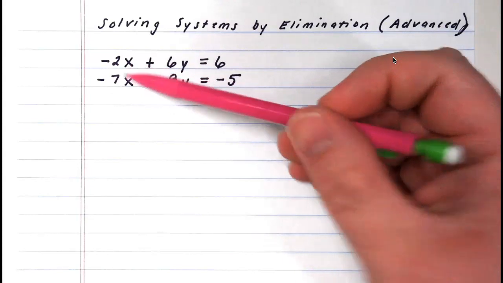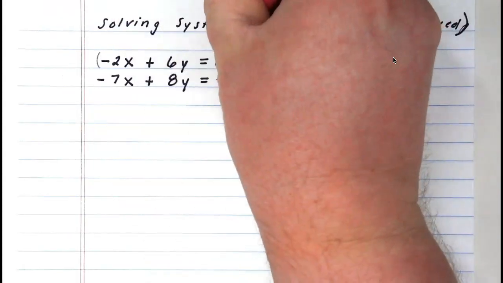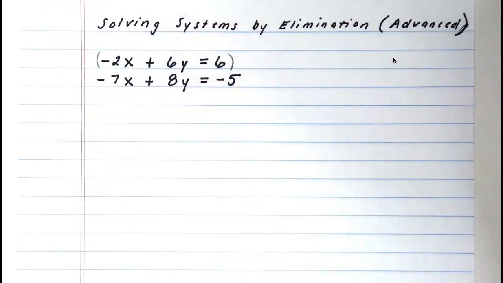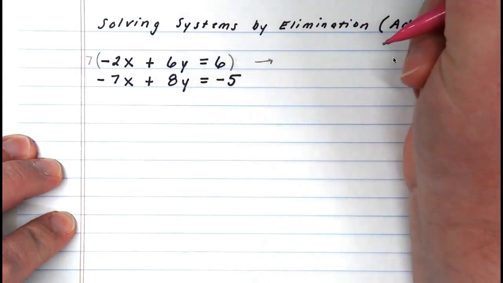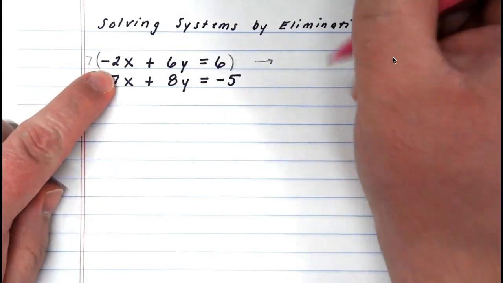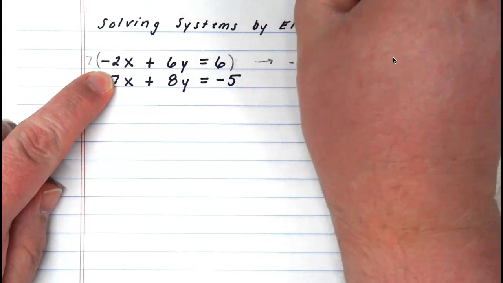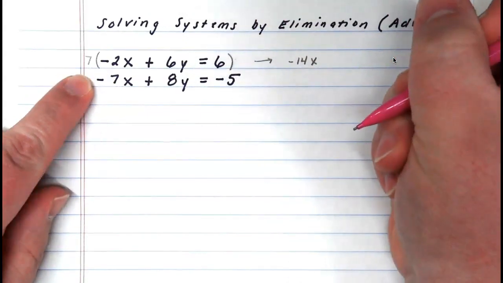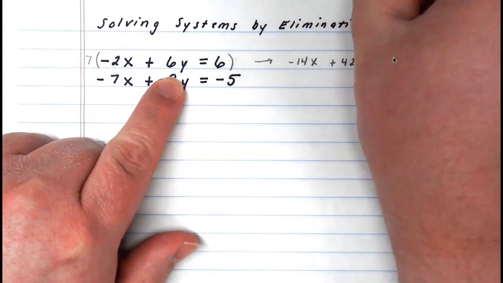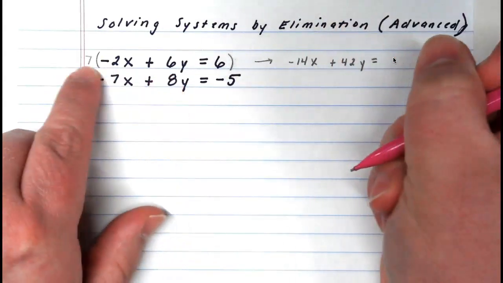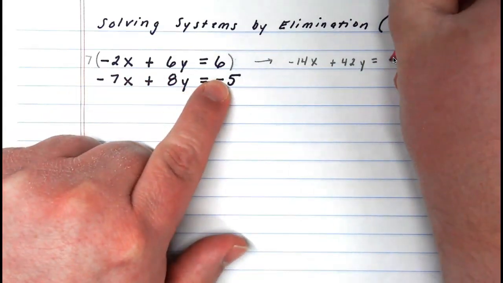In order to make the top one equal to -14, we could multiply that by 7. So we're going to take this entire equation and multiply everything by 7. So 7 times -2x is -14x. 7 times 6y is 42y, so plus 42y. And 7 times 6 is 42.